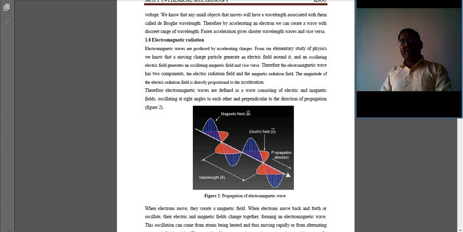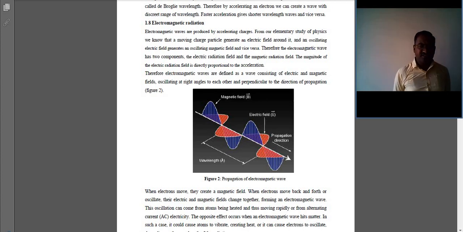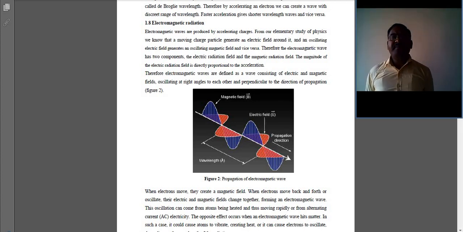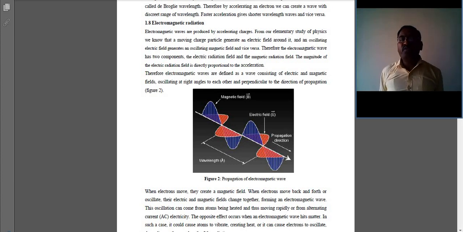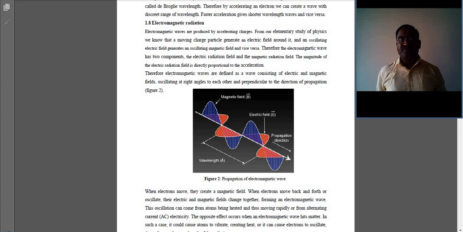Next, electromagnetic radiation. Electromagnetic waves are produced by accelerating charges. From our elementary study of physics, we know that moving charged particles generate an electric field around them, and an oscillating electric field generates an oscillating magnetic field, and vice versa.